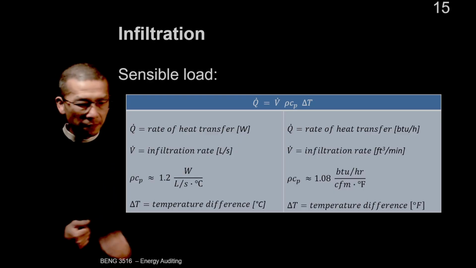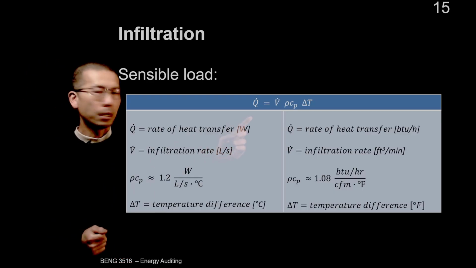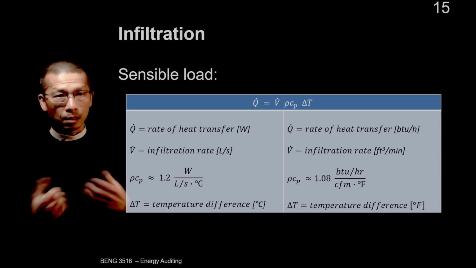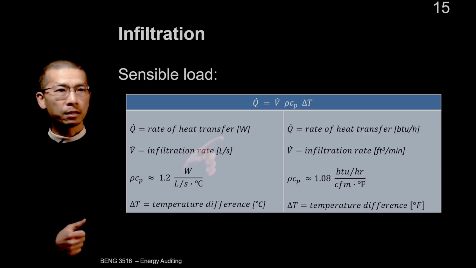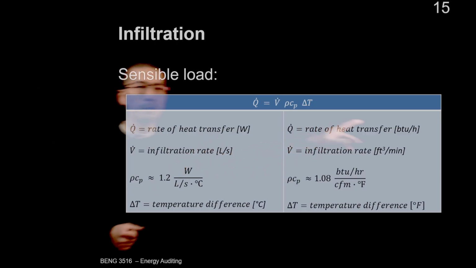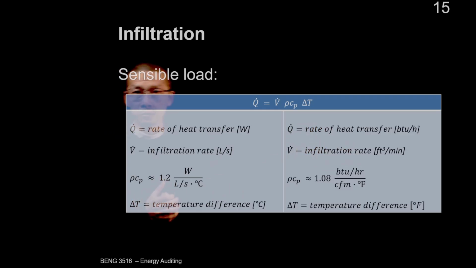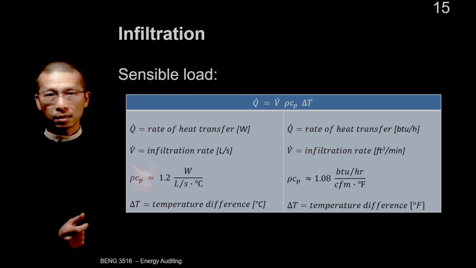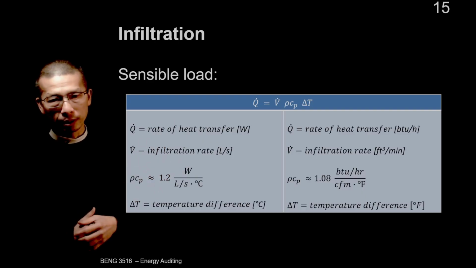For infiltration, as just a sensible load, you can use this equation: Q dot equals V dot rho Cp delta T. Q dot is the rate of heat transfer in terms of watts or BTU per hour, depending on the metric or inch-pound units that you use. V dot is the volumetric flow rate, that is, the infiltration rate.